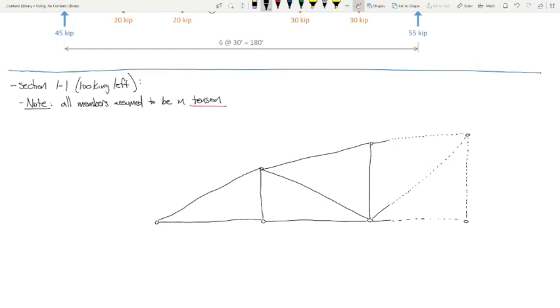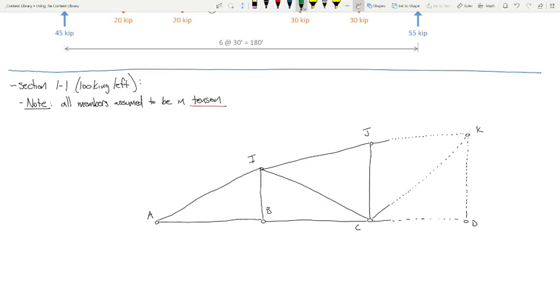Speaking of, let's write those joint designations. So I have joint A, joint B, joint C. This is joint D. This is joint K, J, and joint I. Okay. I just wanted that there for the sake of discussion.